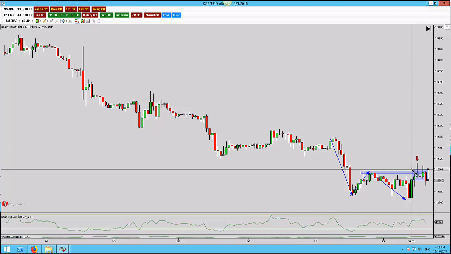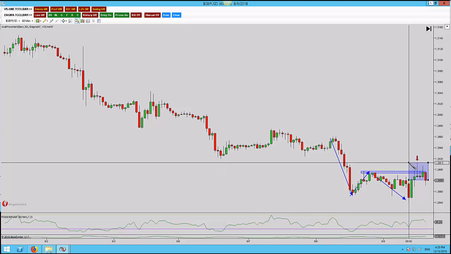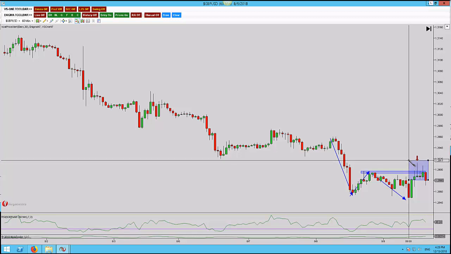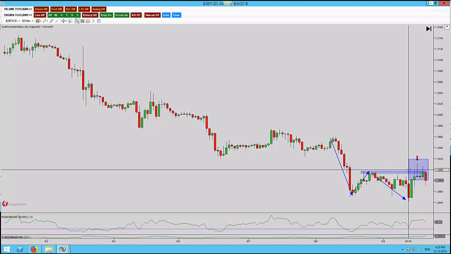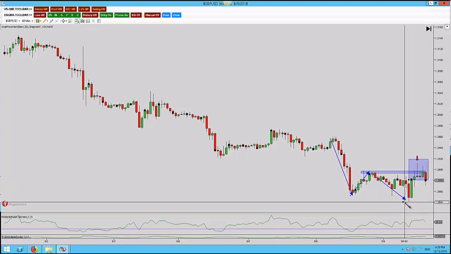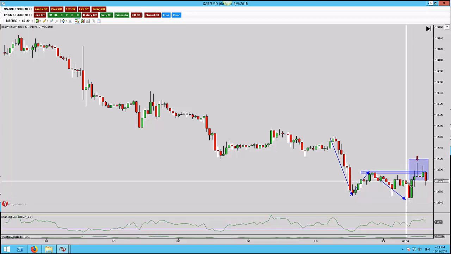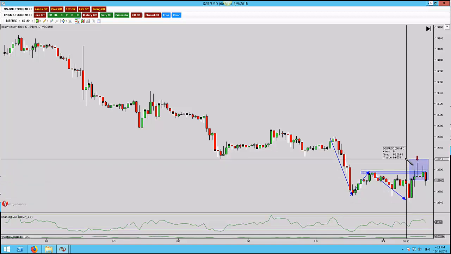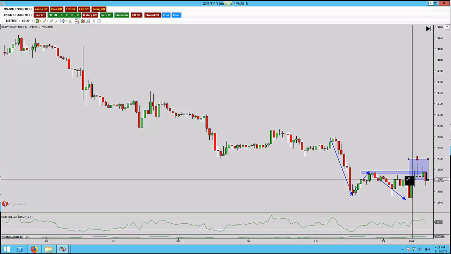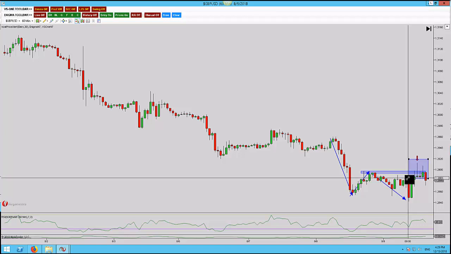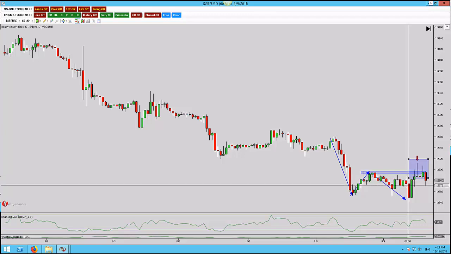We've got the psychological number 12900 that you can see, so I just want to be behind that, and because of this pin bar I'm going to need to be just above it. Okay, this doesn't look as though it's going to give me a 1-to-1, so 39 for 39. So what I'm going to do is expect the next candle to rise a quarter of the way up the previous candle, so my entry is going to be there.